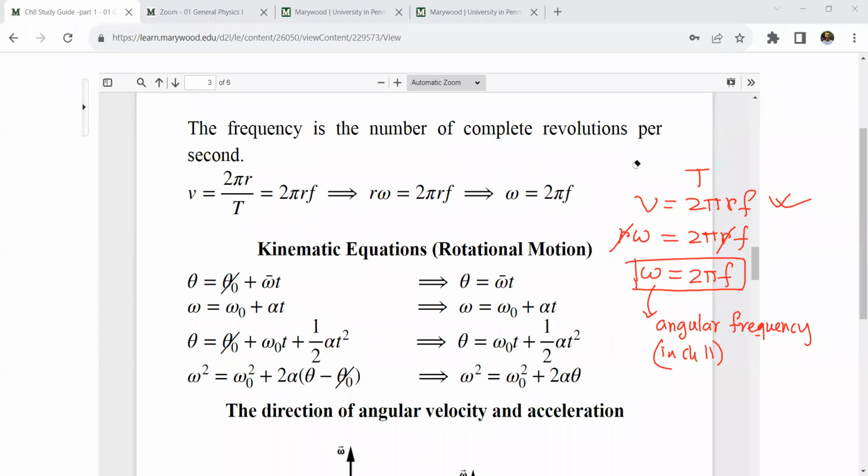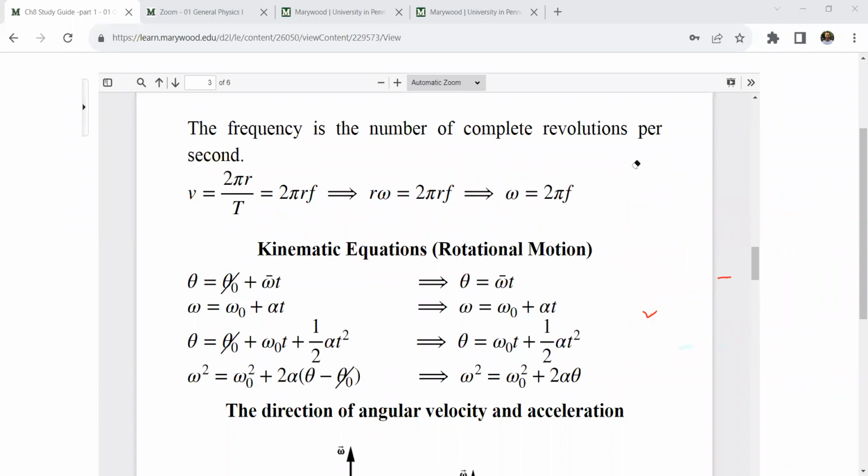All right, the next thing I'm going to talk about is the kinematics equations. In chapter 2 we learned about 4 equations. When an object travels in a straight line at constant acceleration, that motion can be expressed by using 4 important equations. Let me write them down here.